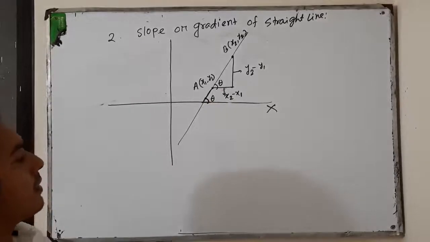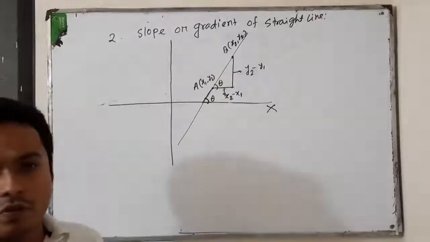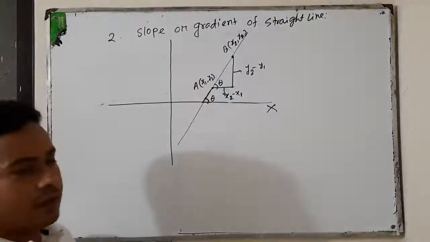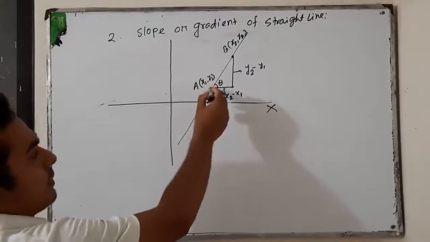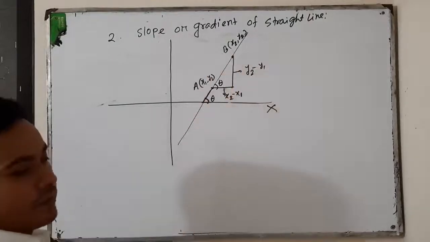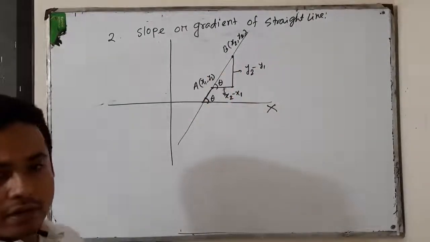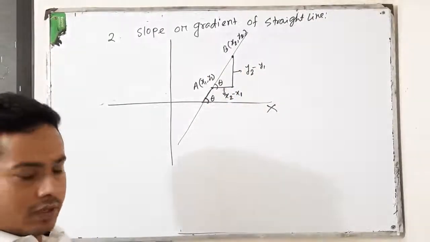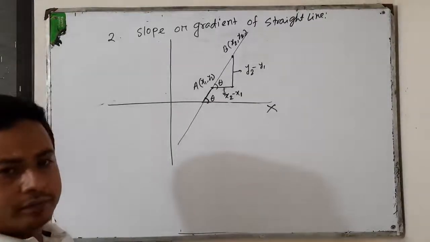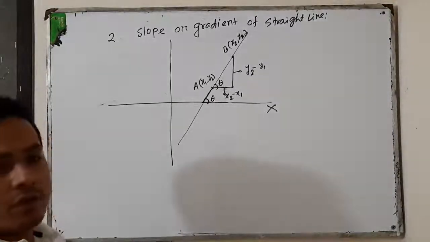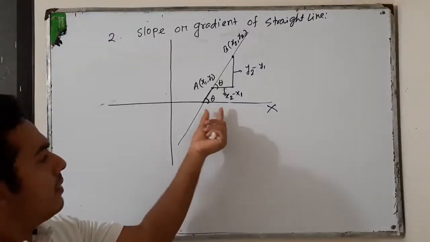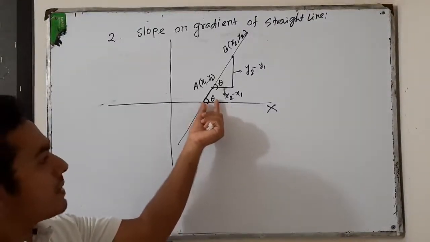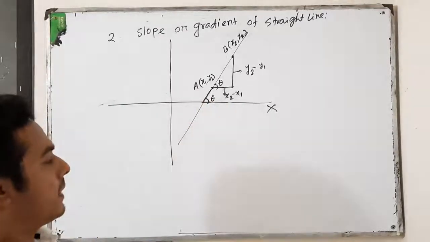Just think, two points are given, then what is the slope of the straight line? It is easy. At first this point is x1, y1 and this point is x2, y2. And we already know what slope is. Slope is the angle which a line makes with the positive direction of the x-axis.